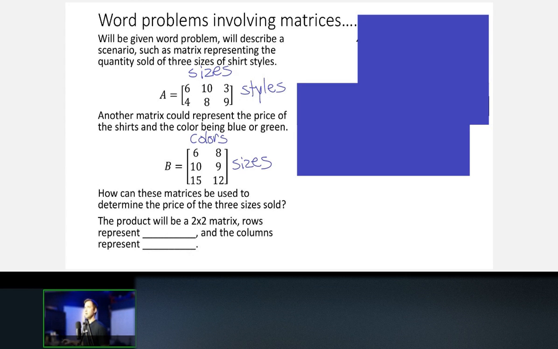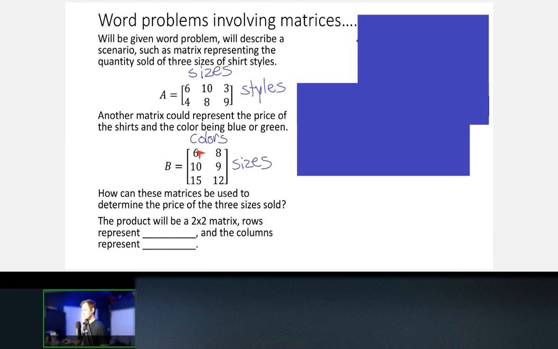But I do see why you may have thought that this was the price, but the elements themselves are the actual price of the different size and color. So maybe row 1 is small, this is medium, and this is large, and this is blue, and this is green.